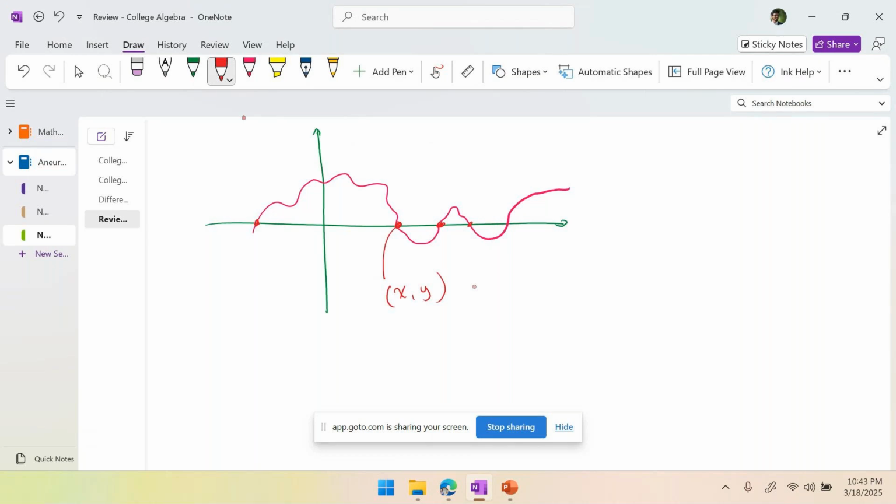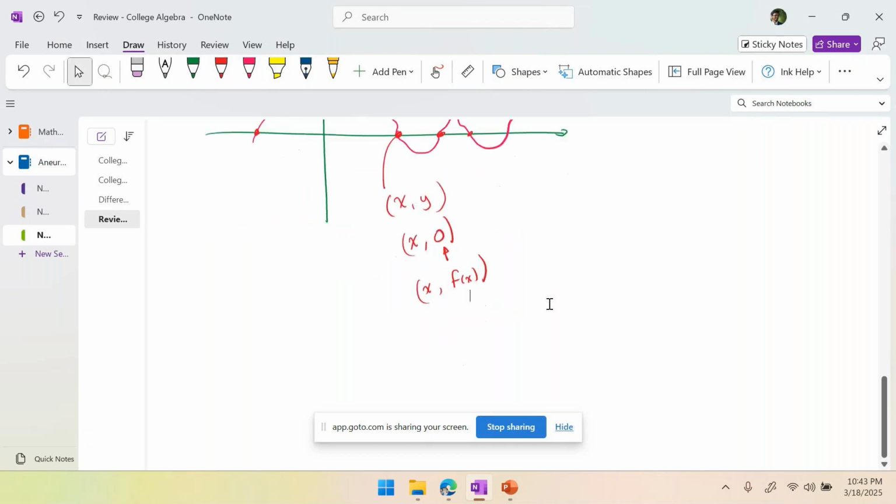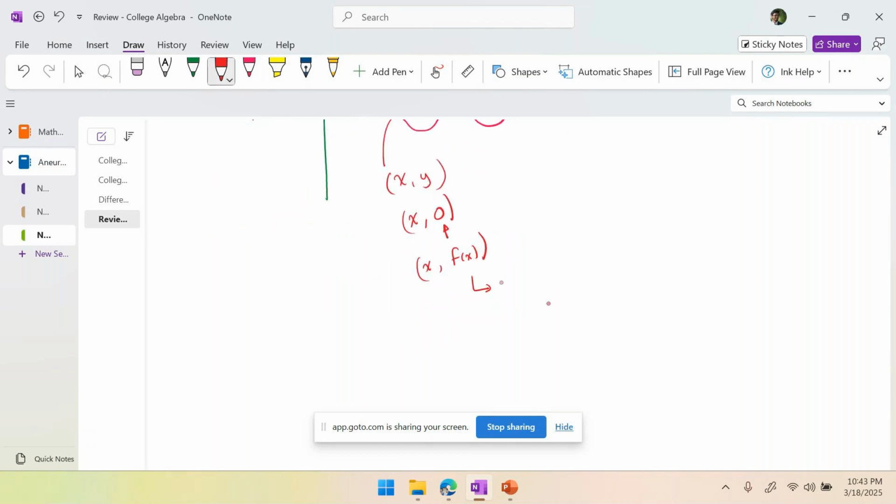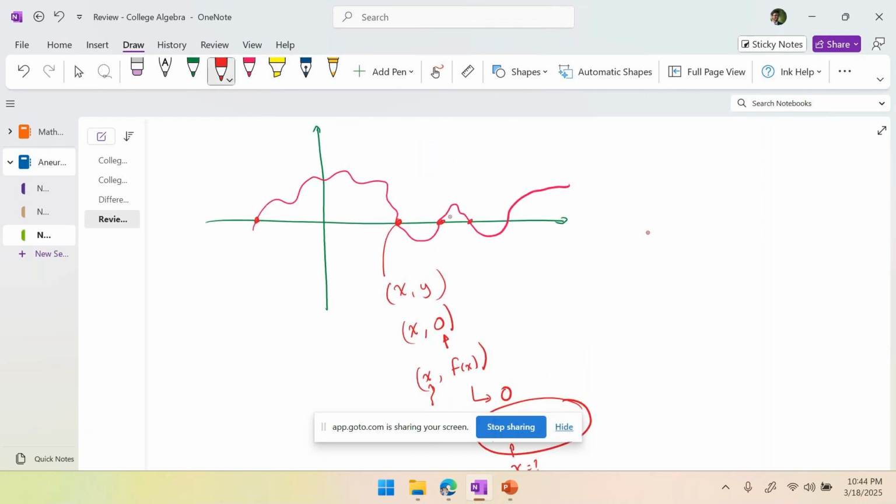In all these x intersections, we know that the y coordinate is 0 and we need the x value. And this y coordinate is given by the function value at this given x. In other words, this function value was 0 at this particular x, which is an unknown. So you basically have to equate the function to 0 and calculate the suitable x values that make the function 0. That's how you calculate these x values.